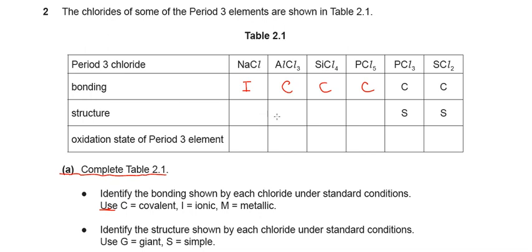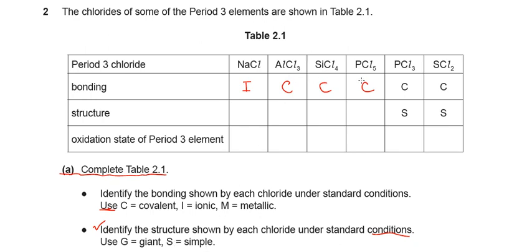Next, before filling this row, we are going to read the instructions. The examiner is advising us to identify the structure shown by each chloride under standard conditions and use G for giant, S for simple.